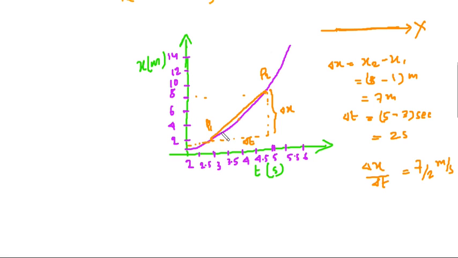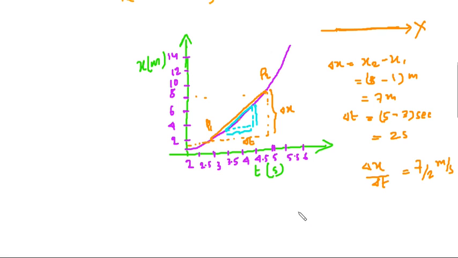But if we want to choose these 2 points, from 3.5 to 4.5, we connect these 2 points. In this case delta x will be this much and delta t will be this much, isn't it?